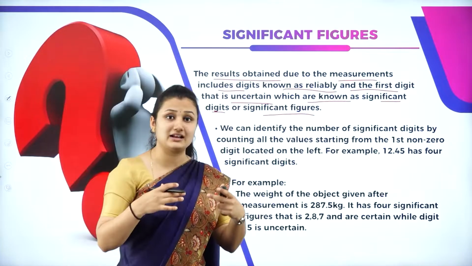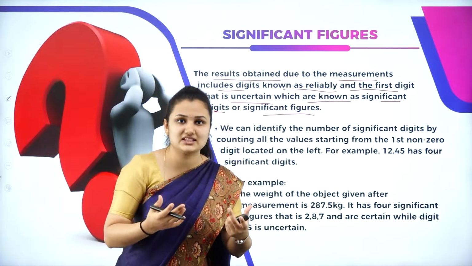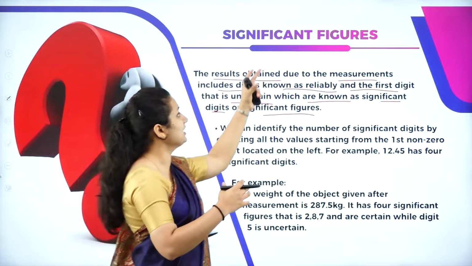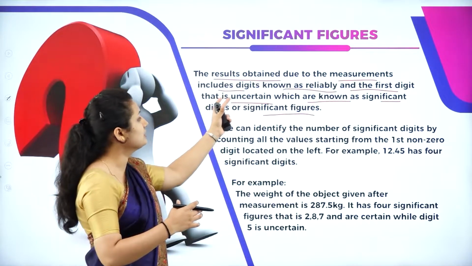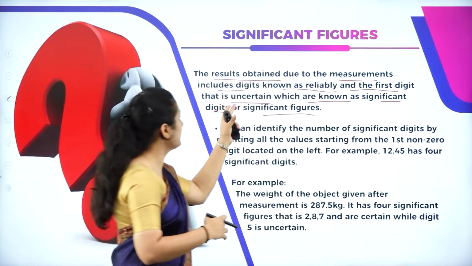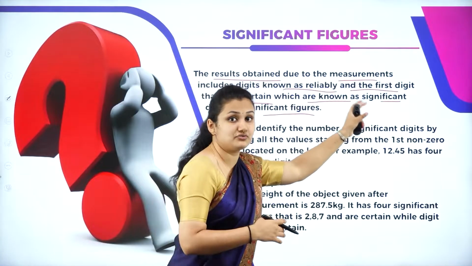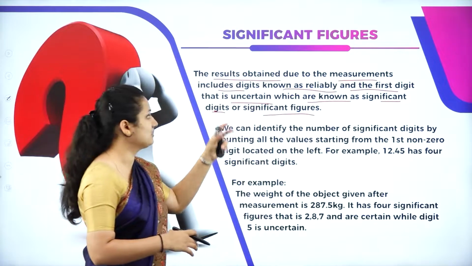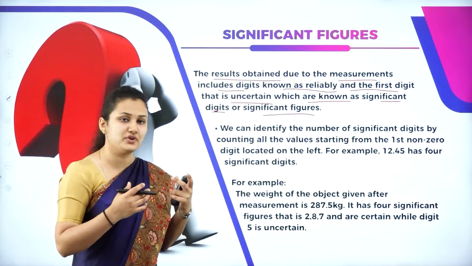Try to understand. I'll repeat the definition. The results obtained due to the measurements include digits known reliably and the first digit that is uncertain, which are known as significant digits or significant figures.